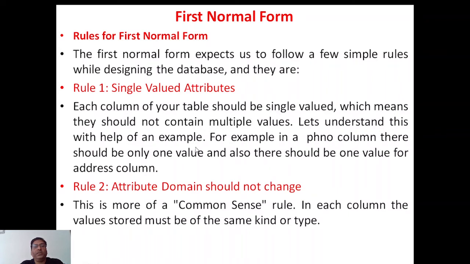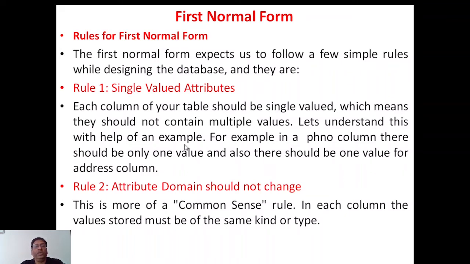For example, if there is a column called phone number, there should be only one value for phone number and not multiple values. Similarly, there should be only one value for a column called address, and so on. I'll get into details about this with an example in the next slide.